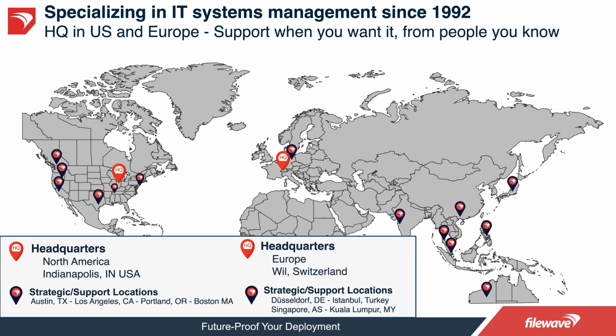One of the questions that we always get asked is, hey, where does our support come from? What does support look like with Filewave? So as you can see, we have a global headquarters. We have one in Indianapolis as well as one in Europe. During the day, all of your support is going to come out of Indianapolis.